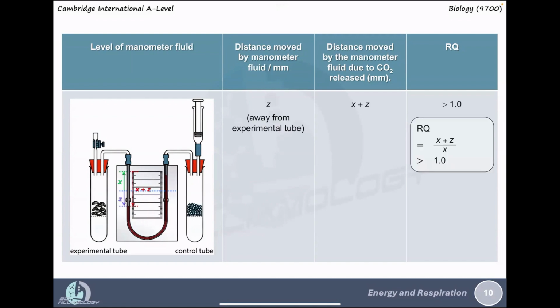The calculation here shows that RQ equals X plus Z divided by X. Because X plus Z is a higher value compared to X, the RQ value is greater than 1, which indicates that the organism actually carries out anaerobic respiration. So this is the principle that we need to know, because I will have another practical series where we are going to focus on the respirometer itself.